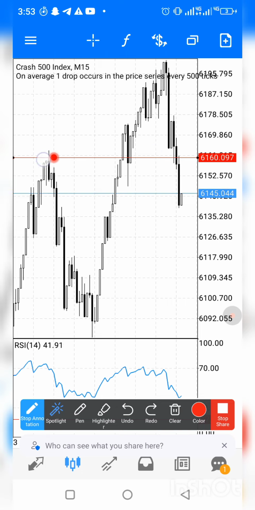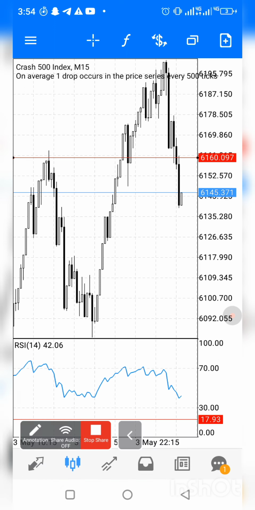As it's going against you, you just keep adding pieces of the lot sizes which you intend to trade with according to your capital or equity size. So you can see it went all the way up and came back, right? So this will serve as the very first major resistance point.